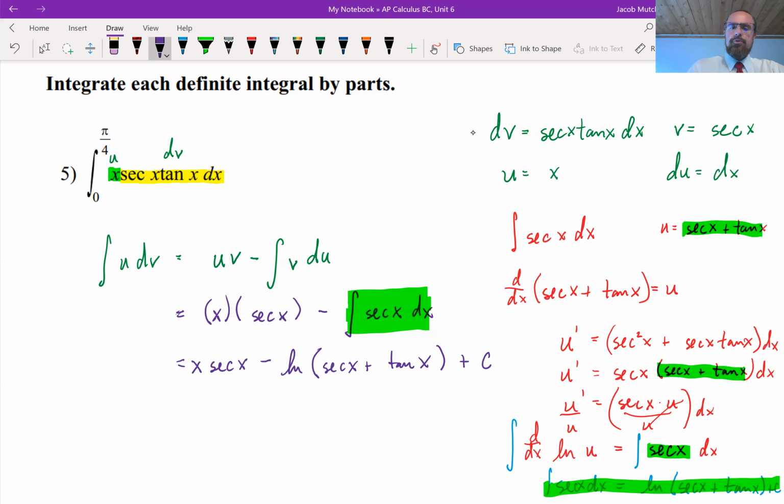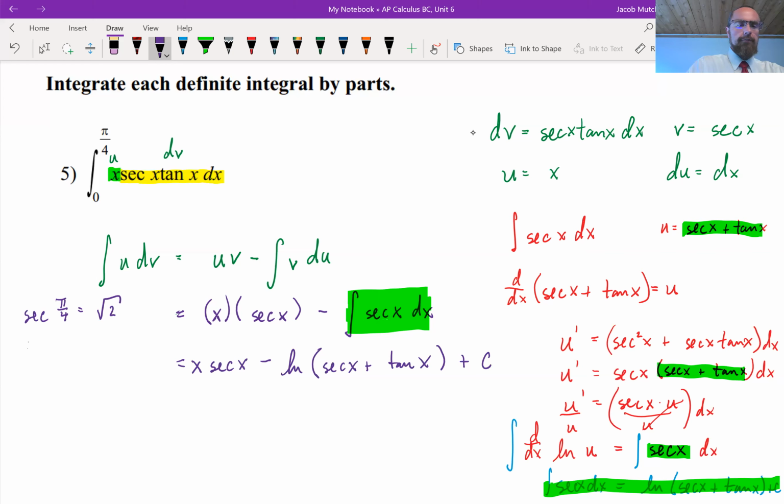And I see I've got some trigonometric ratios here. So let me just define those for these values. Secant at pi over 4, so that's the 45 degrees there in quadrant 1, has the value of the square root of 2.